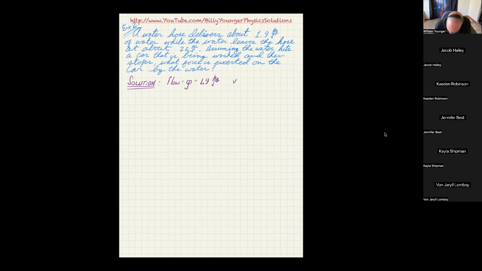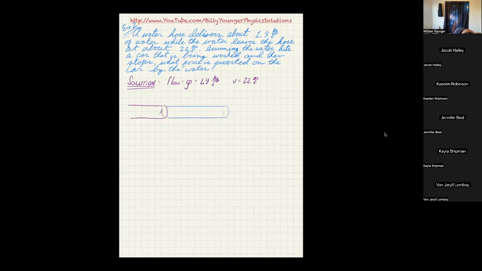We also know that the velocity of the water is equal to 22 meters per second. So that's pretty fast. So what I'm going to do here is imagine that the end of the hose maybe looks like this, and has, let's say, some area A. Not that I'm necessarily using it, but the water is going to spray out like this, and then it's going to hit the side of the car and come to a stop.